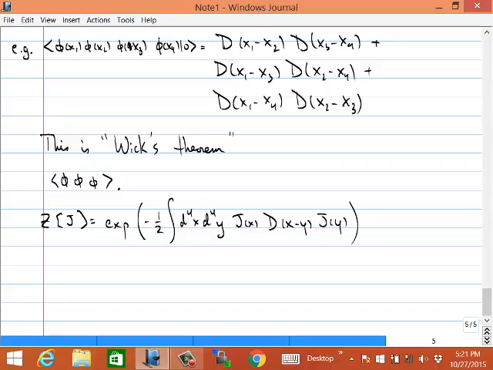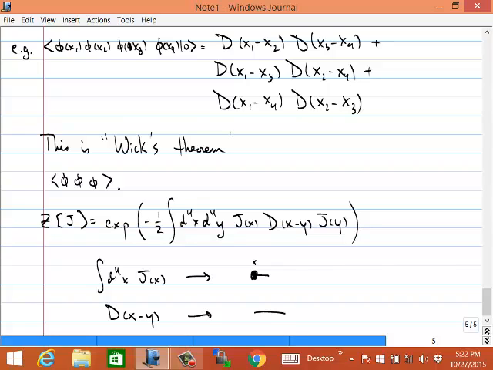I would like to introduce a notation where every time I have an integral d4x, J of x, I represent that by a dot with a line connected to it. And if you like, you could label each of those dots by a position. It's supposed to represent the insertion of a source at some position x. And then every time I have a propagator, that's a line.